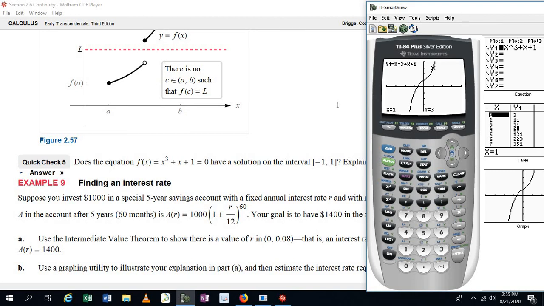So by the intermediate value theorem, there exists at least one number in this open interval such that when I plug that number into this function, I get 0 out. And so that's a solution on this interval.